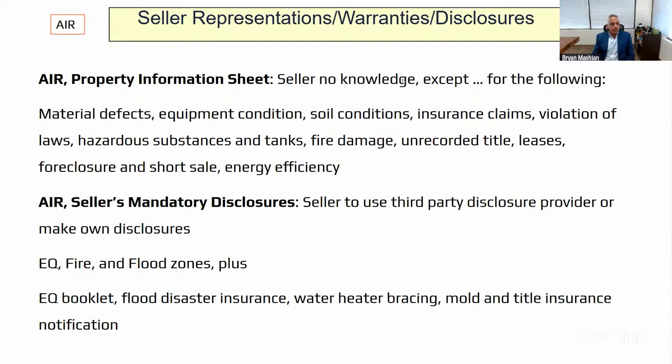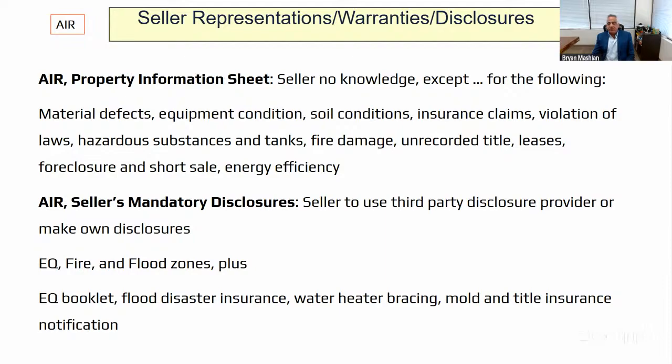So, for example, it says whether the seller knows of any material physical defects in the property, like the roof. Does all the equipment work? Does the HVAC work? Does the electrical work? Does the property have soil problems? Is the property served by utilities? Was there an insurance claim filed in the last 3 years?